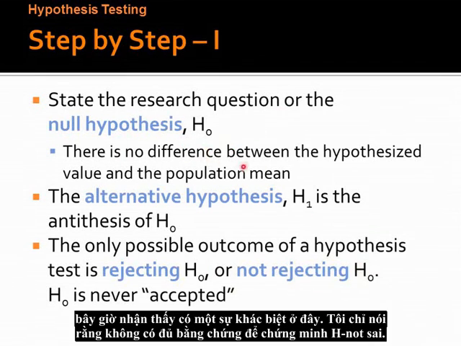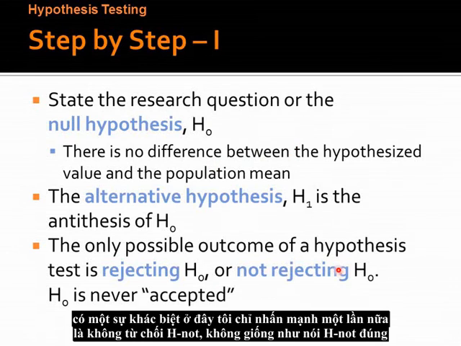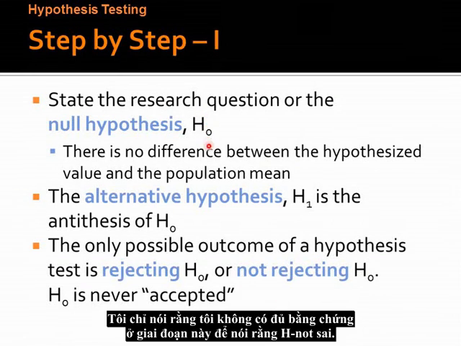I'm just saying that I don't have enough evidence to prove that H0 is false. I'll just emphasize it once again: not rejecting H0 is not the same as saying H0 is true. I'm just saying that I do not have enough evidence at this stage to say that H0 is false.